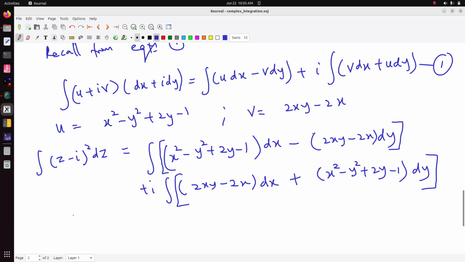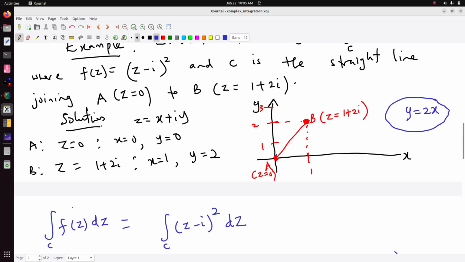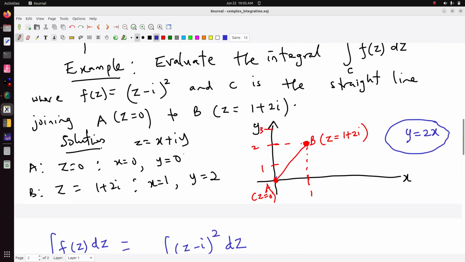Now, the trick we're going to use is the relationship between y and x that we wrote earlier, so that we can simplify the integration. If you look at this straight line, y is twice x.